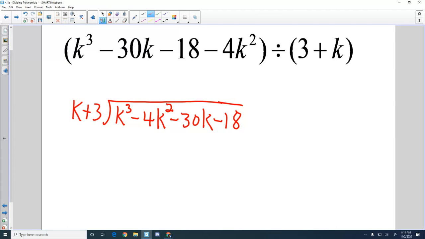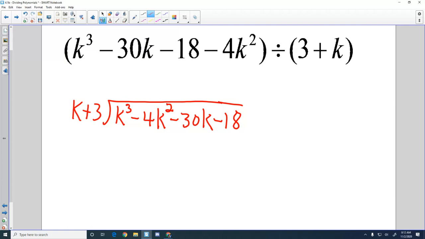Be careful with the subtraction. Awesome. What's up? No, because you're not dividing them, you're just subtracting.